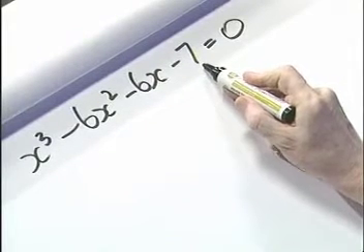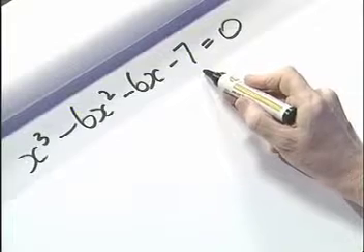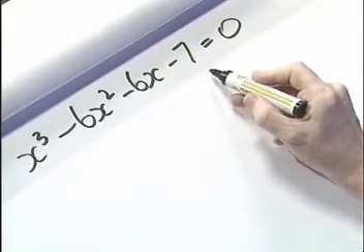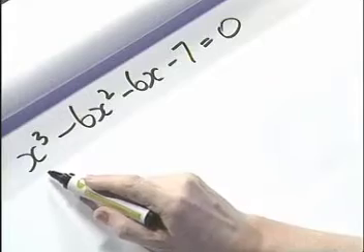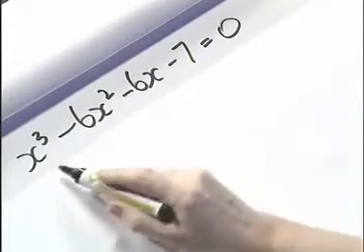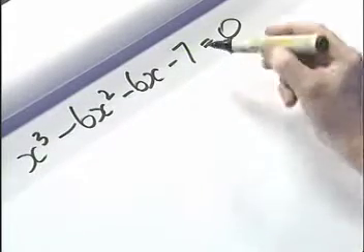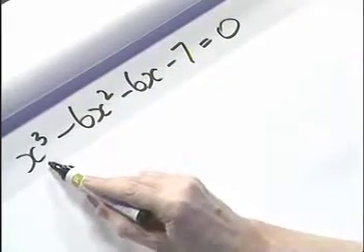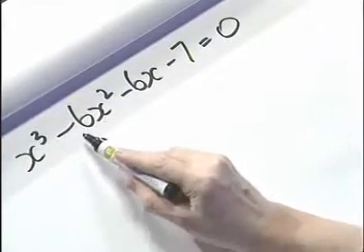This only leaves us with 4 possibilities: 1, minus 1, 7, and minus 7. So we can try each of them in turn. You can see fairly quickly that 1 and minus 1 don't work.